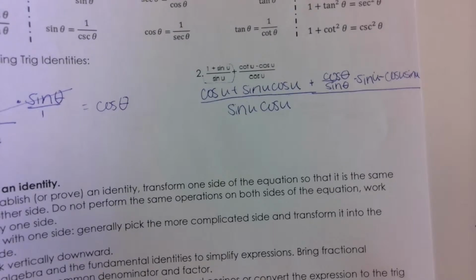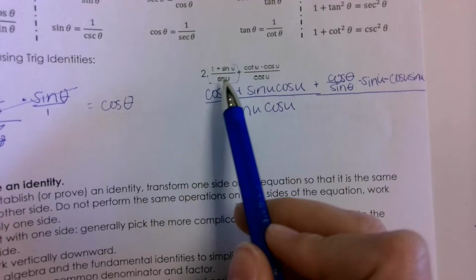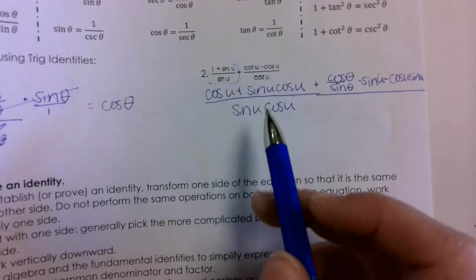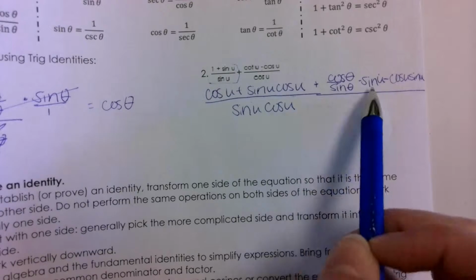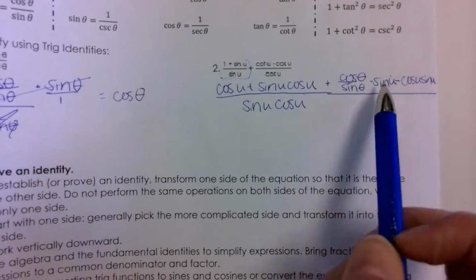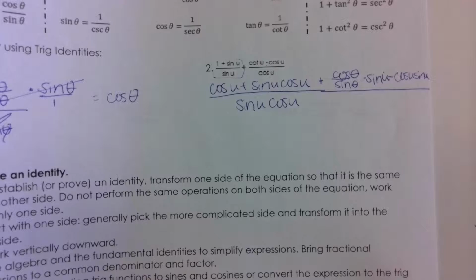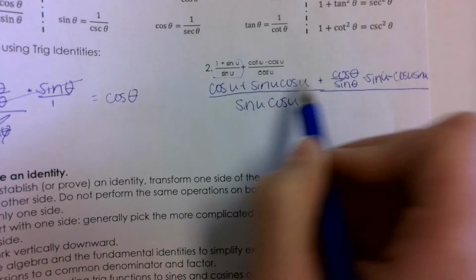And then for the second one, we need to multiply by sine so that on the bottom we have sine cosine. So cotangent was cosine over sine, and then do that times sine minus cosine times sine, which is right there. And since it's all over sine times cosine, I just went ahead and put it all on top and sine cosine on the bottom. Is that okay?